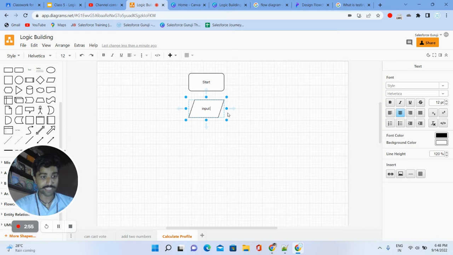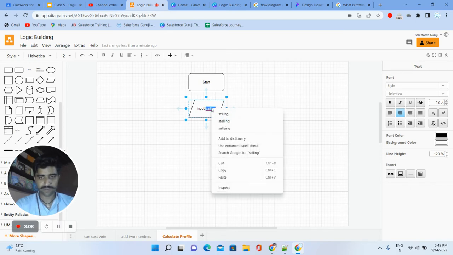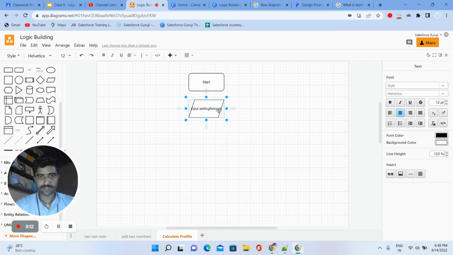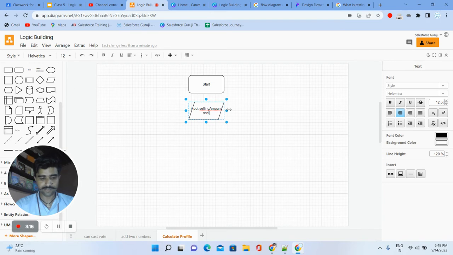Instead of a and b, we can put the complete names. So what we are putting here is input selling amount and actual amount.